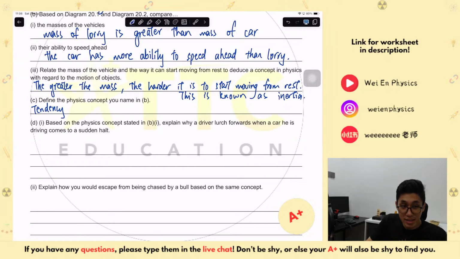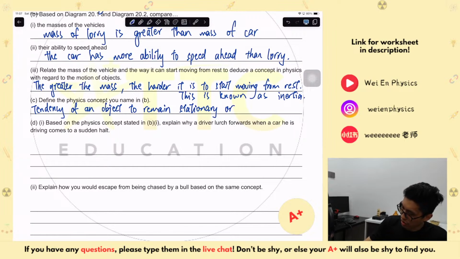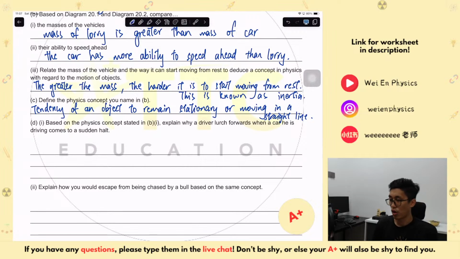So tendency of an object to remain stationary or moving in a straight line. Okay? Tendency of an object to remain stationary or moving in a straight line.